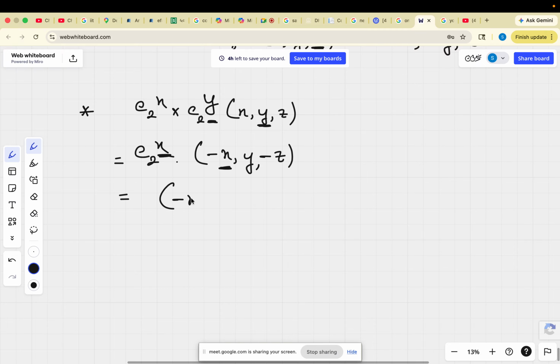So what will I get? Minus x, minus y and z. Now from this x, y, z, how can I get this minus x minus y and z? If you apply which axis? C2z, right? If you apply here C2z, again you will get this minus x minus y and z.